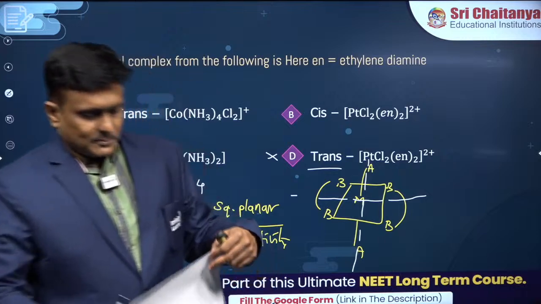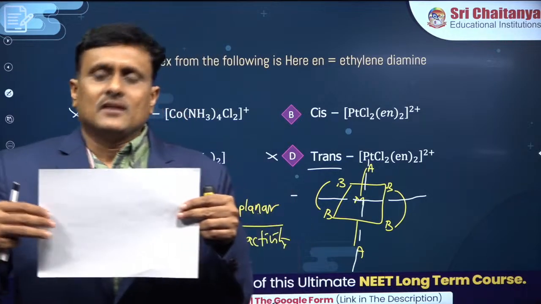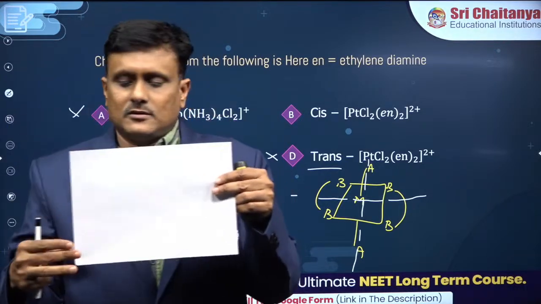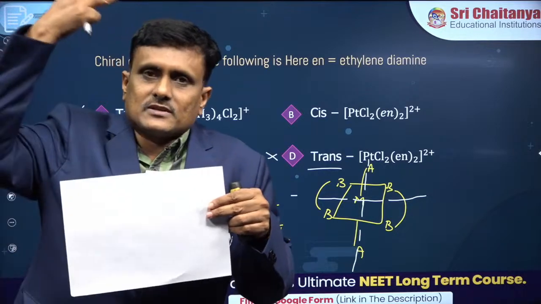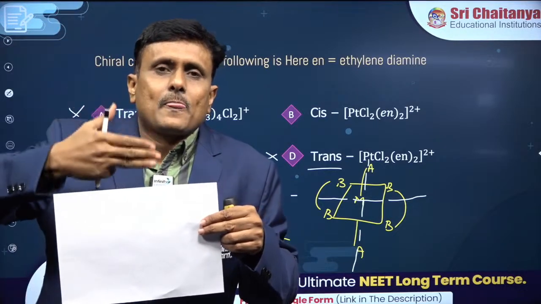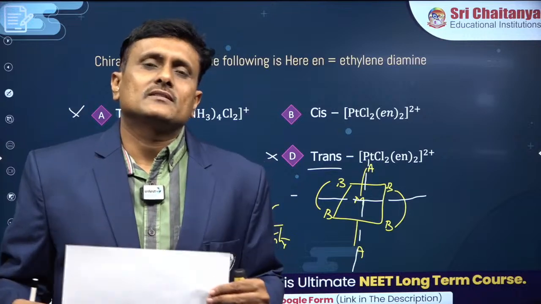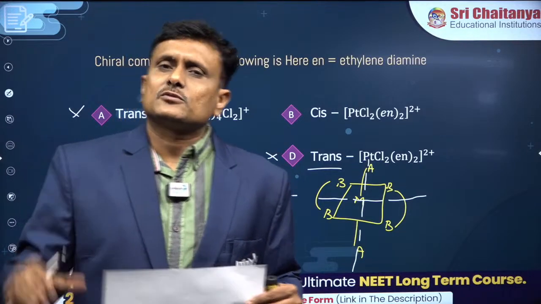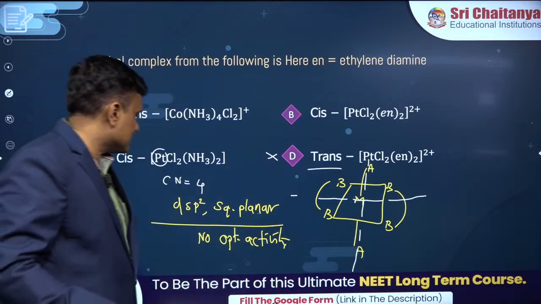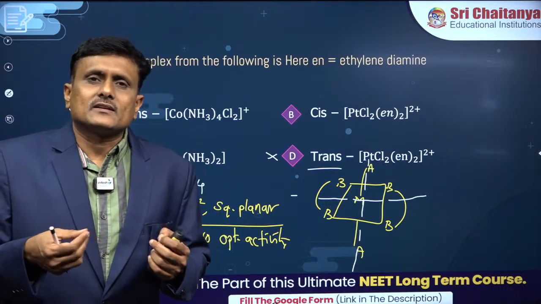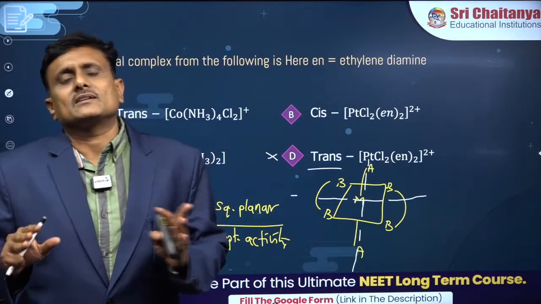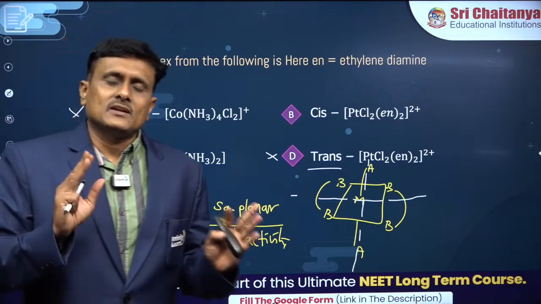If I pick this paper, this is square planar. No matter what you keep on the four corners of a square planar shape, along this axis you have the plane of symmetry. So square planar does not exhibit, whichever groups are present, whether identical or non-identical, any sort of what?